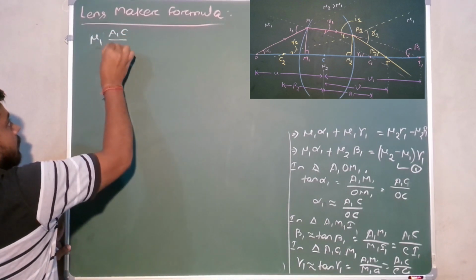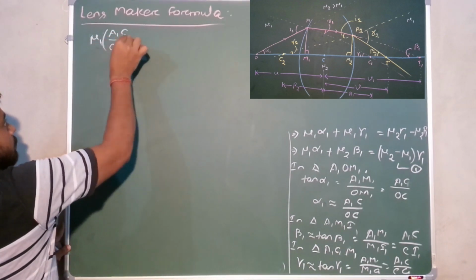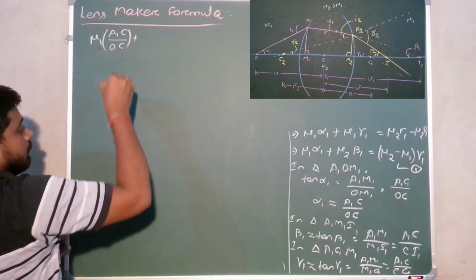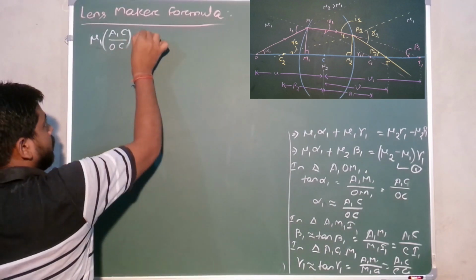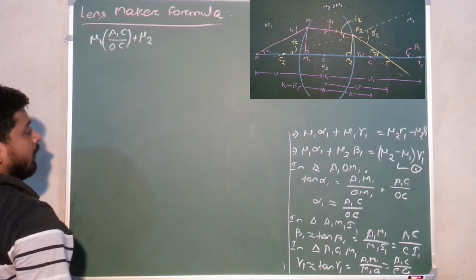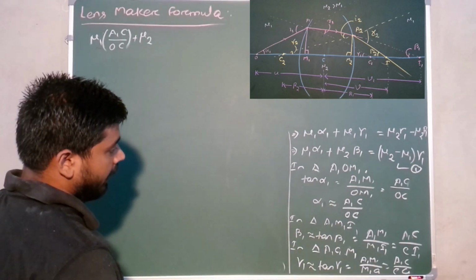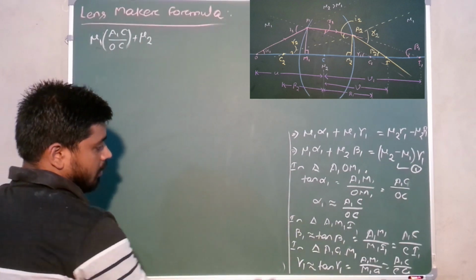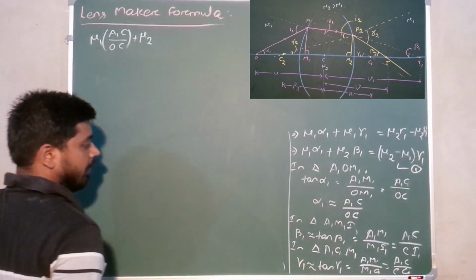Plus mu2. In place of beta 1, we can write A1C by CI1.